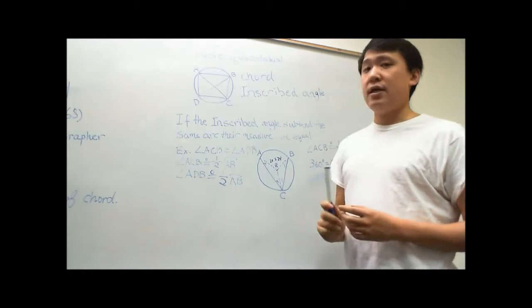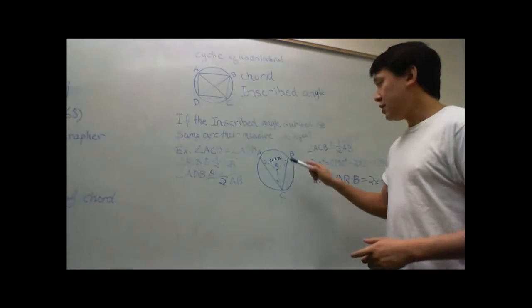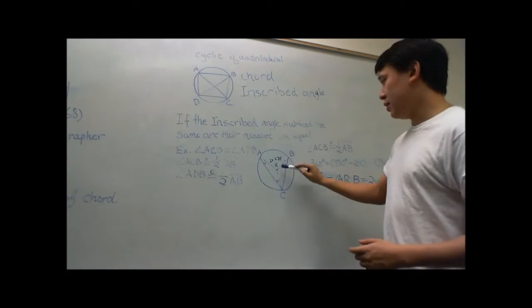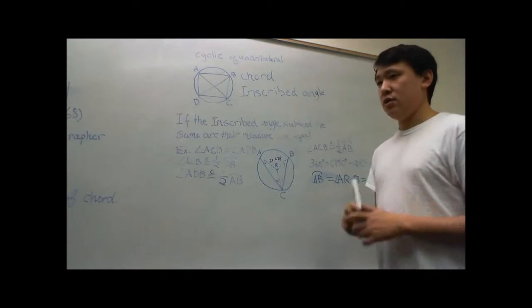The way we prove that is, as this graph shows, there's an inscribed angle ACB and R is the center of the circle.